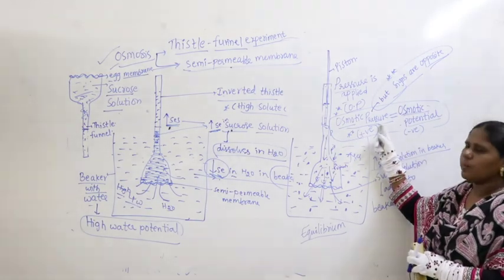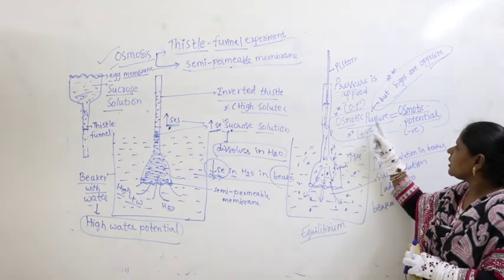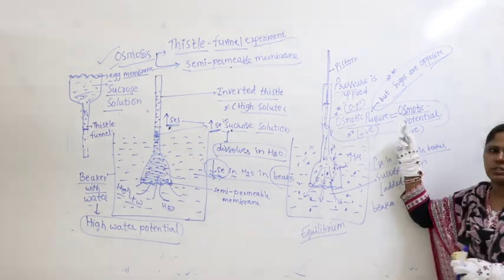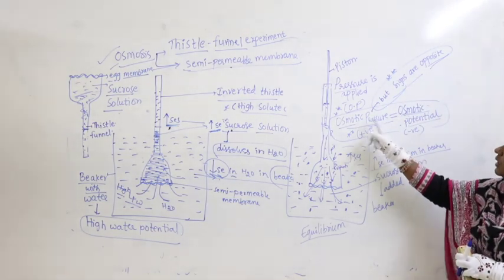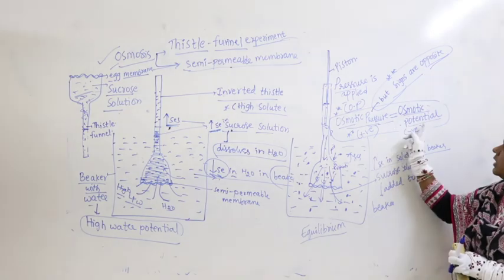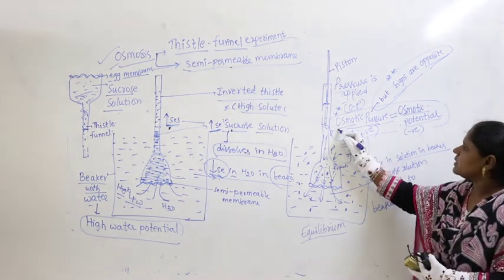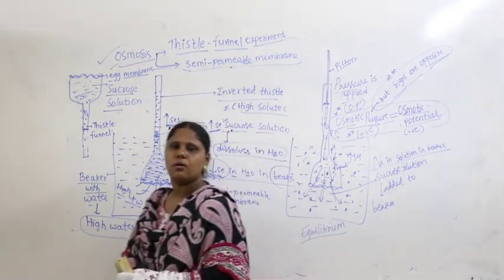How much pressure you apply, that much osmosis takes place. That means osmotic pressure is equal to osmotic potential, but the signs are opposite. Osmotic pressure is positive, osmotic potential is negative, even though both are equal. This is the final conclusion of the thistle funnel experiment in osmosis.